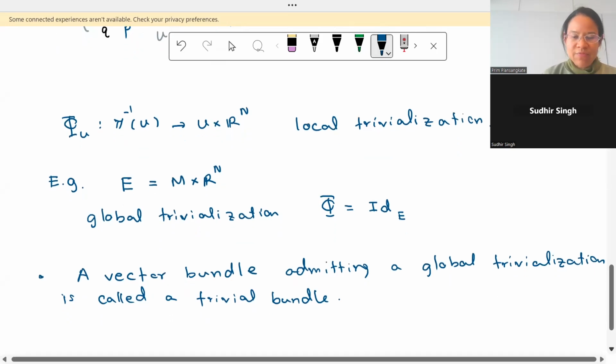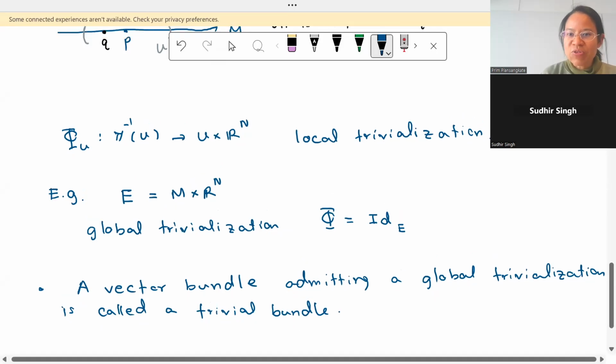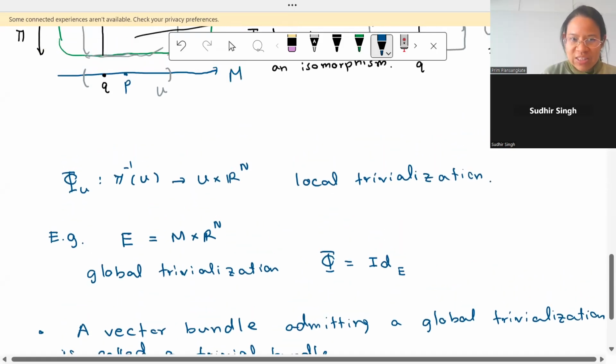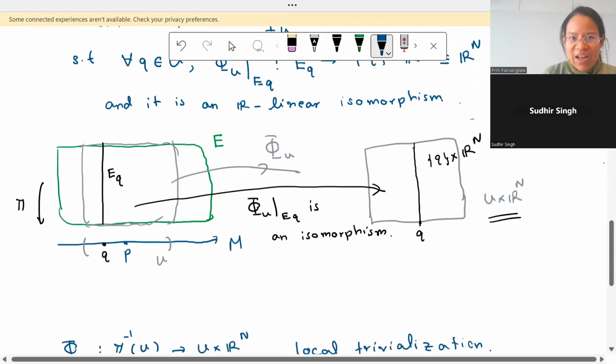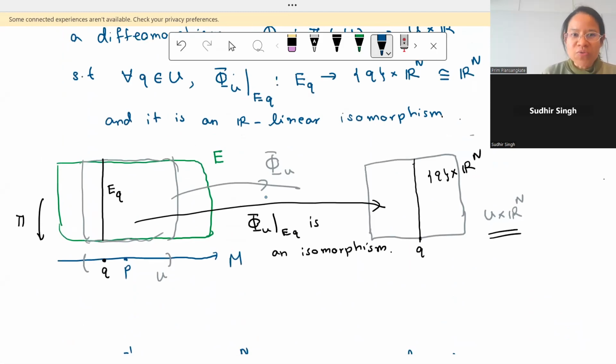But this means if the bundle is non-trivial, then you don't have a global trivialization. That means you have several local trivializations like this, right?